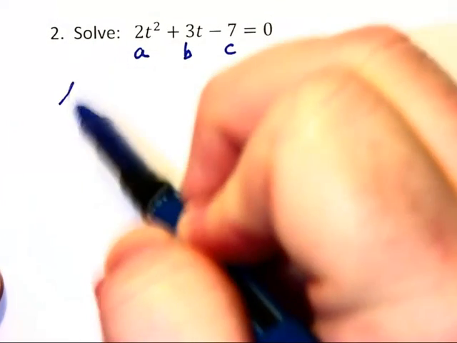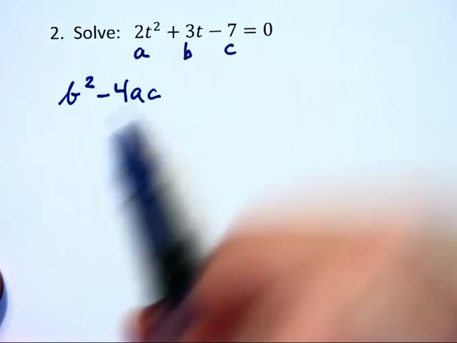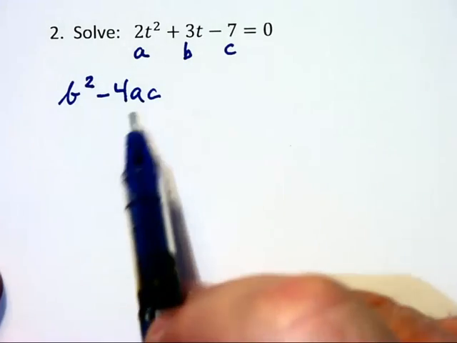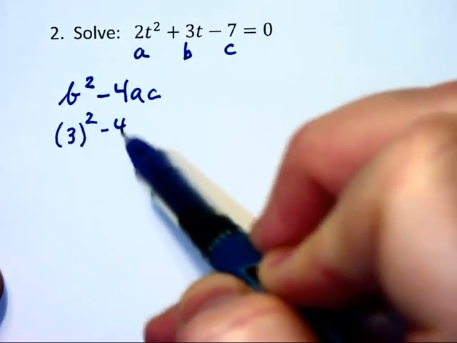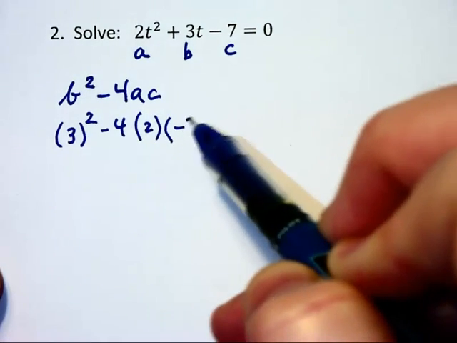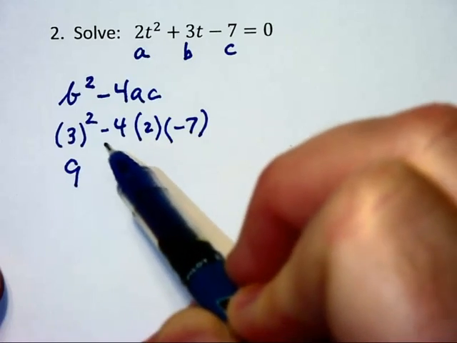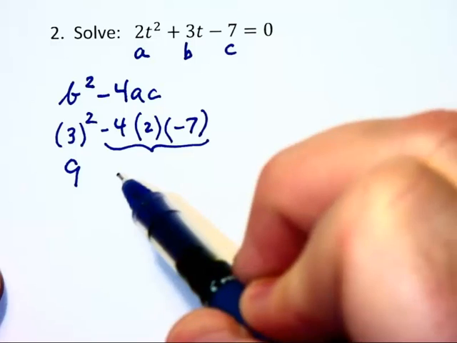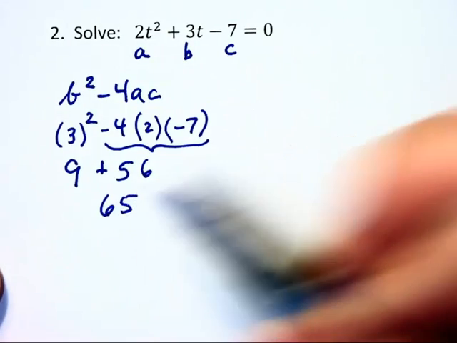The first thing I do is I evaluate b squared minus 4ac. That's the expression underneath the radical, and it's called the discriminant. When I do so, I'm going to have 3 squared minus 4 times 2 times negative 7. 3 squared is equal to 9, and when we multiply the 4ac together, we're going to have plus 56, and that gives us 65.